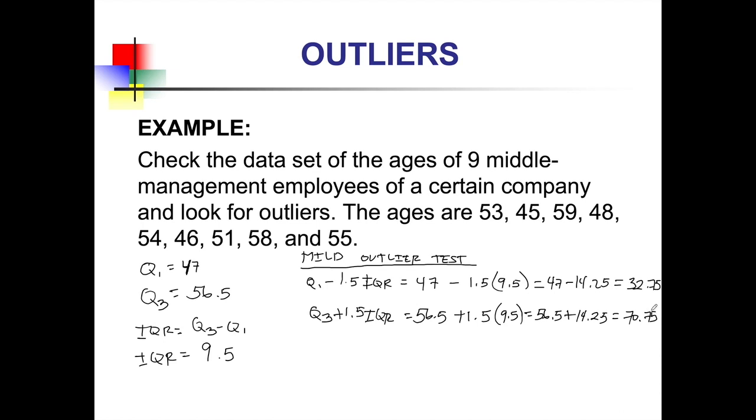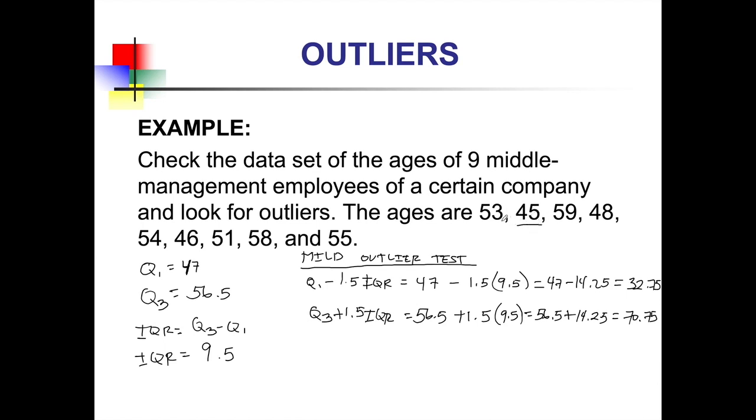Alright, now let's check the data set for any data values that fall outside the interval from 32.75 to 70.75. As you can see, the minimum number of our dataset is 45.